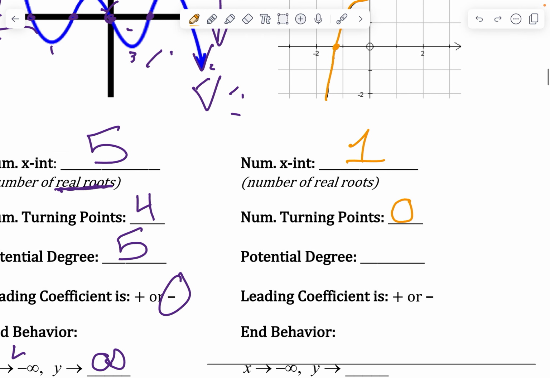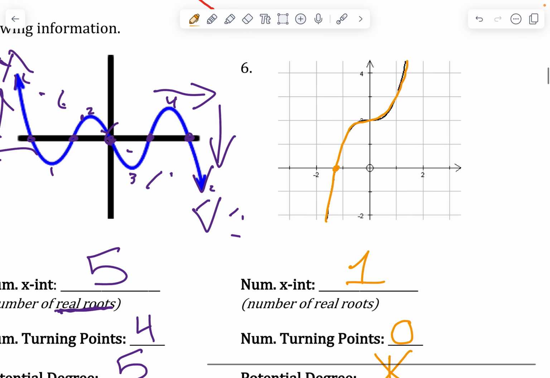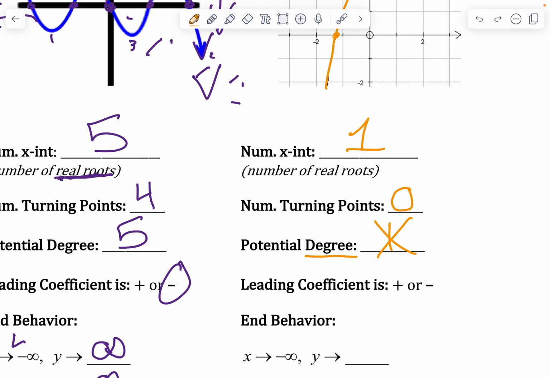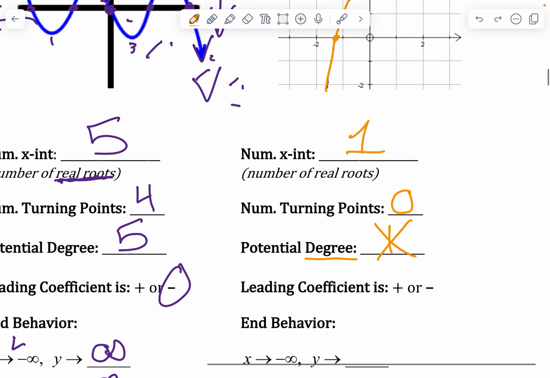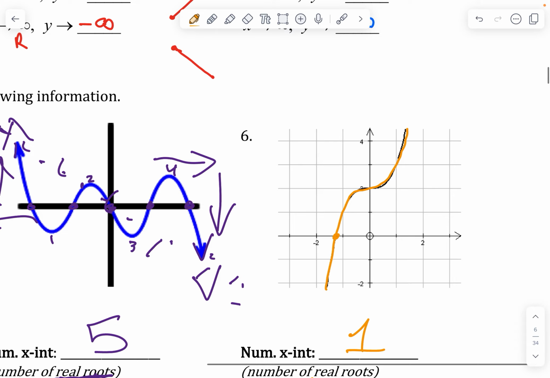So here's the interesting thing about this. When I go to potential degree, if I just do 0 plus 1 again, all right, if I answer this as 1, that doesn't really make sense because look, 1 is a linear, just a line. This is clearly not a line. Okay, so while 1 might make sense for the degree minus 1, the problem is that it doesn't really fit with the picture of my graph, right?